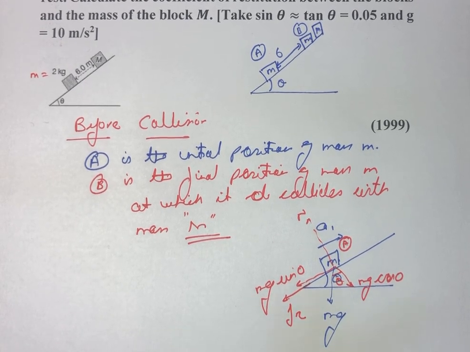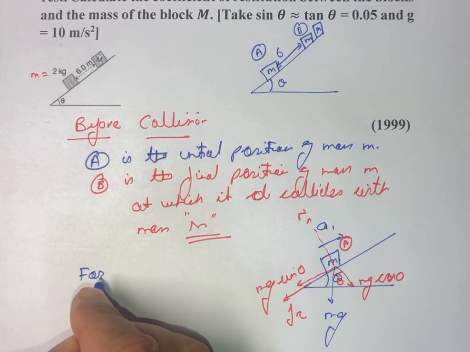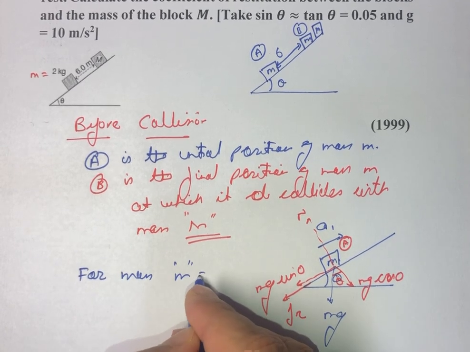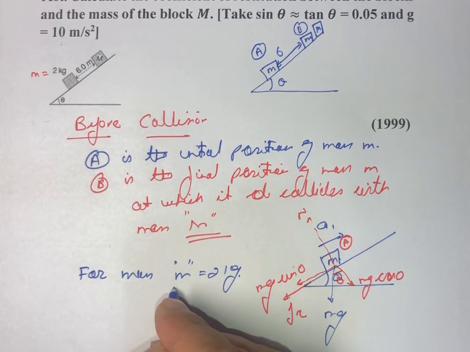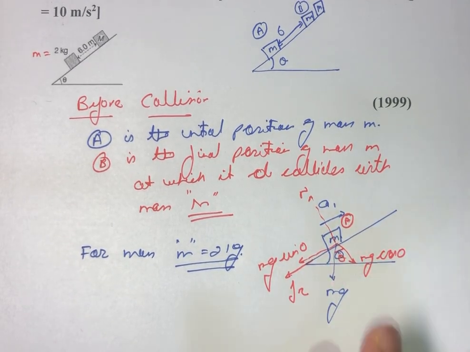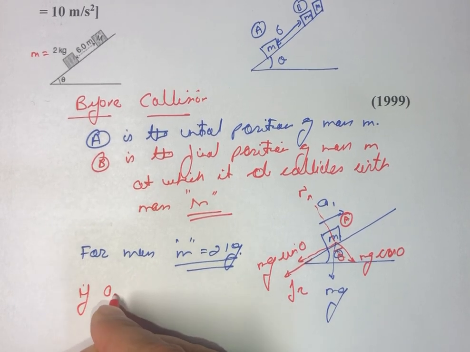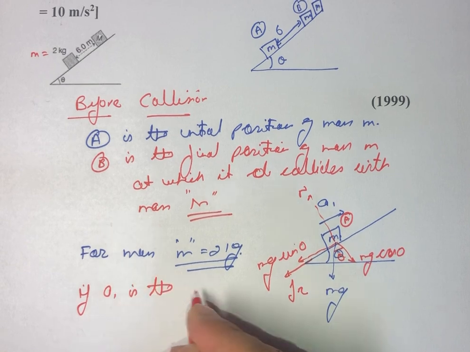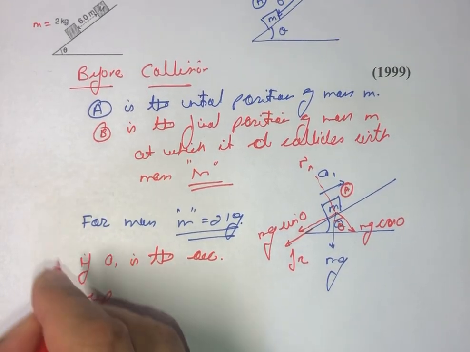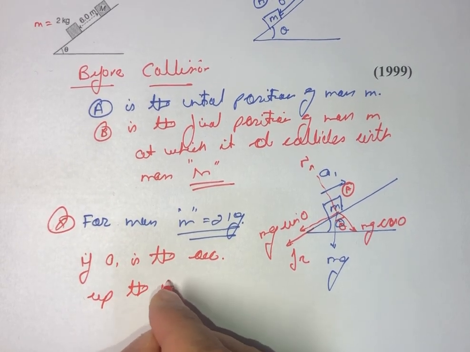For mass m, which is 2 kg, a1 is the acceleration up the inclined plane.